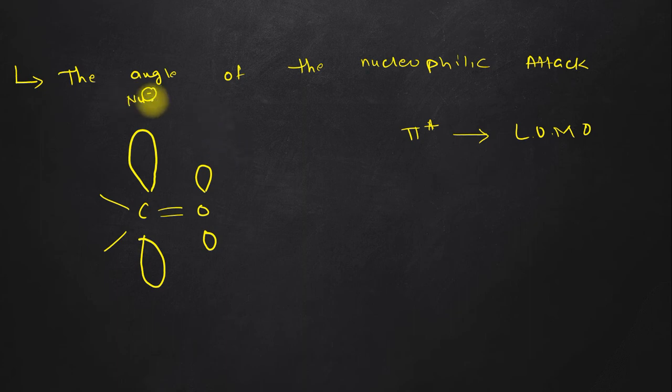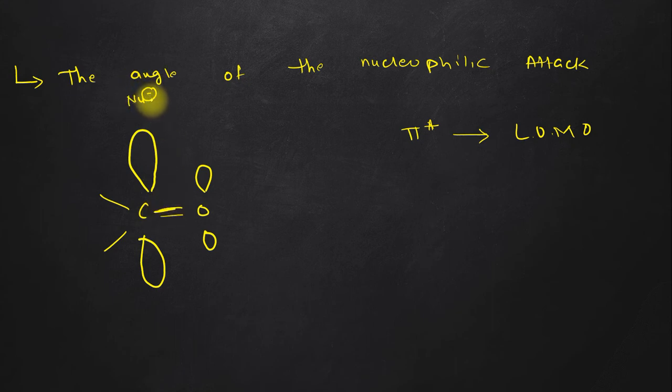Suppose for example, this nucleophile approaches the anti-bonding orbital, that is LUMO, in this particular way. There would be repulsion also. How would repulsion be there? See, this nucleophile is also having a negative charge. Nucleophile is also having increased electron density, right? So there would be repulsion between these pi electrons and the nucleophile.